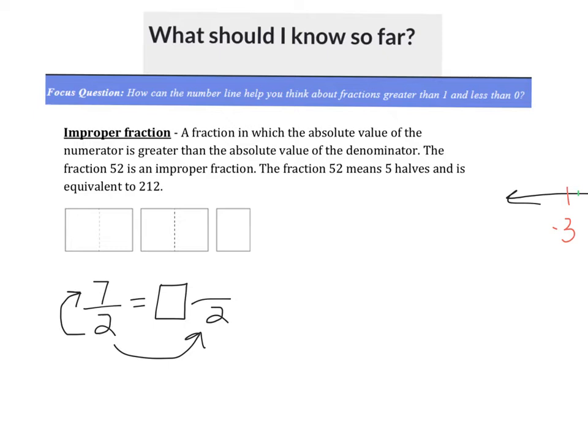So I know 2 times 3 is 6. What do we have to add to 6 to get to 7? We have to add 1. So 3 1/2 is a mixed number. We have a whole number and a fraction attached, and it's equivalent to 7/2. And we can find where these live on the number line that we previously spoke of.